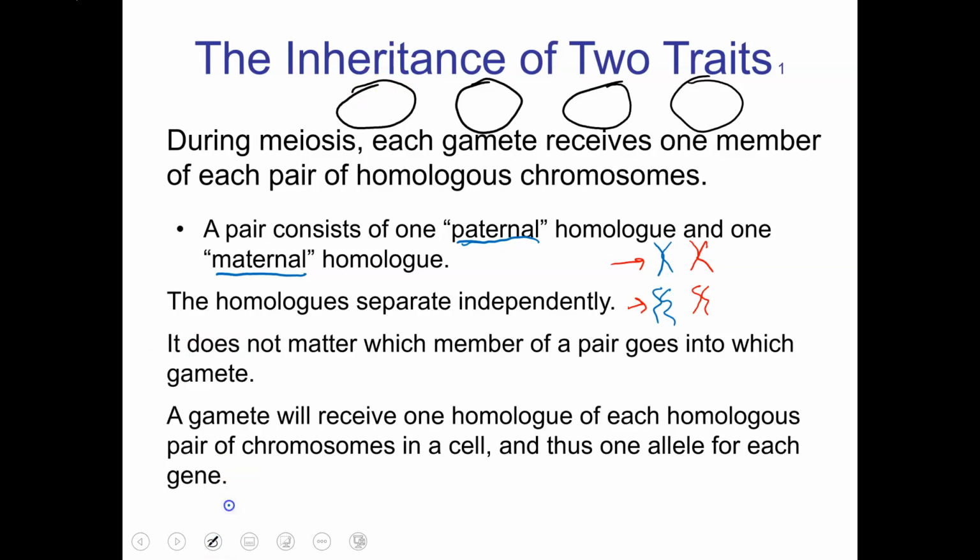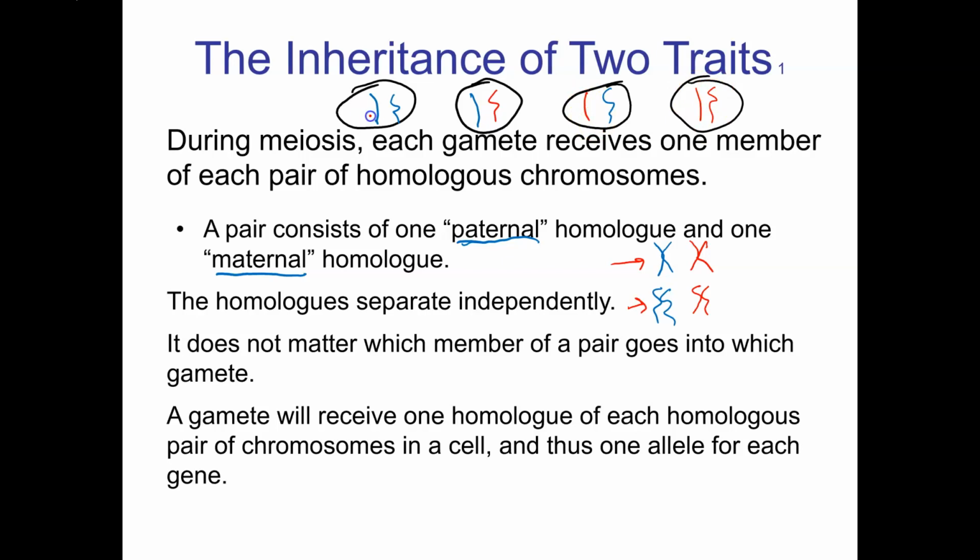So in any given gamete, you might have a straight and a squiggly blue. You might have a straight or a squiggly. You might have squiggly straight or straight squiggly, like that.